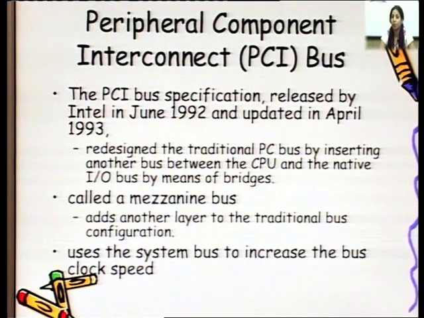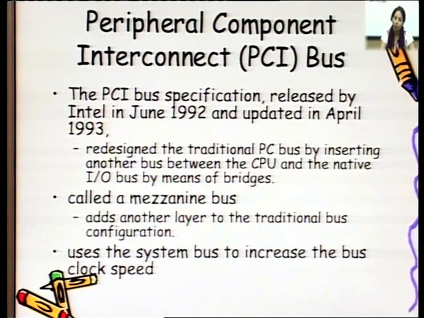The PCI bus specification was released by Intel in June 1992 and updated in April 1993. It redesigned the traditional PC bus by inserting another bus between the CPU and the native IO bus by means of bridges. As we have discussed earlier, on your motherboard you have various bridges, north bridge and south bridge.